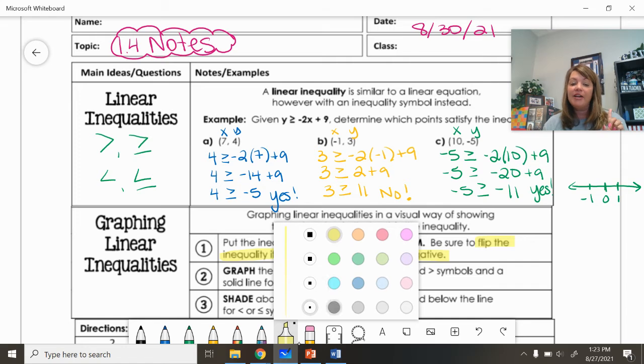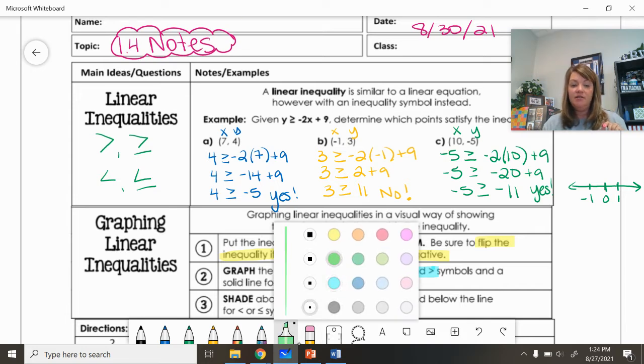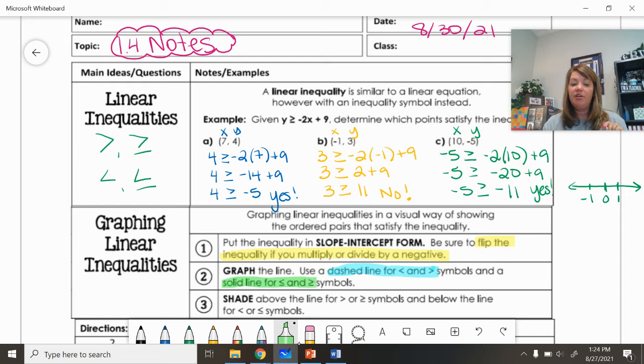We're going to use a dashed line for just greater than or less than, and a solid line for greater than or equal to and less than or equal to. Okay, so if it's equal to, it's solid.